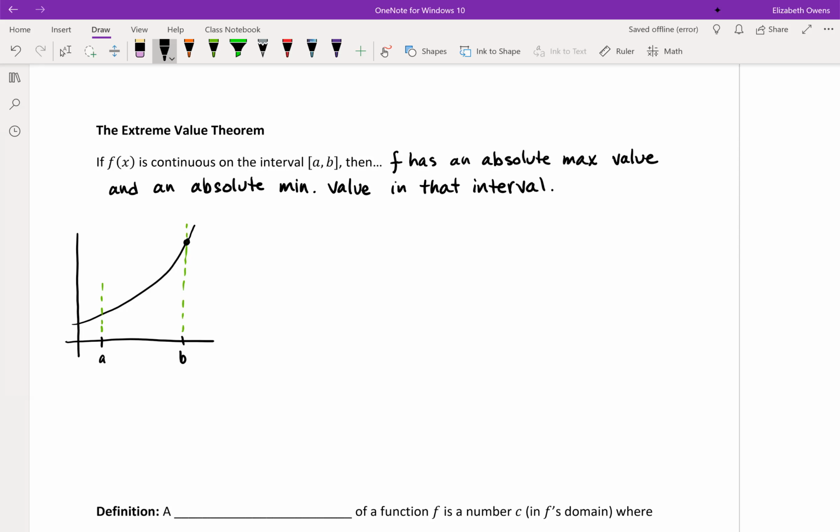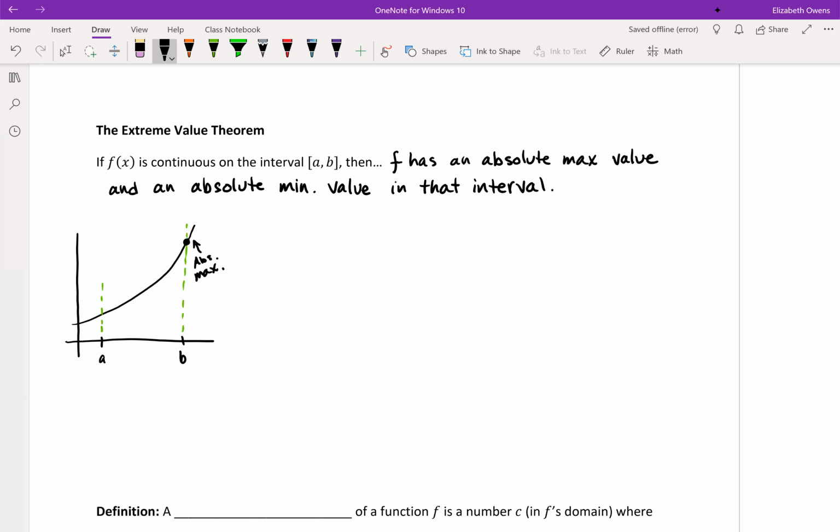This up here would be the absolute maximum value, right on the end of the interval there. This is our abs max, because that is actually the highest, greatest value of the function over that entire interval.